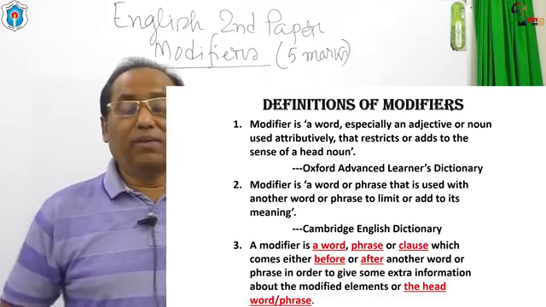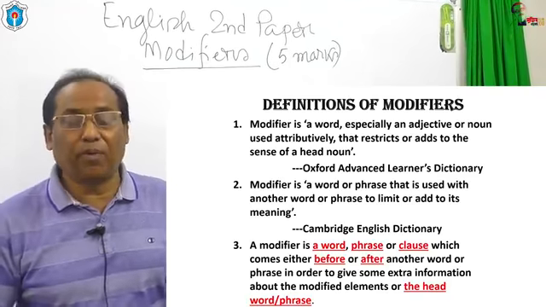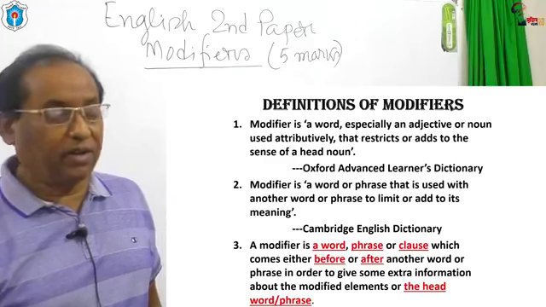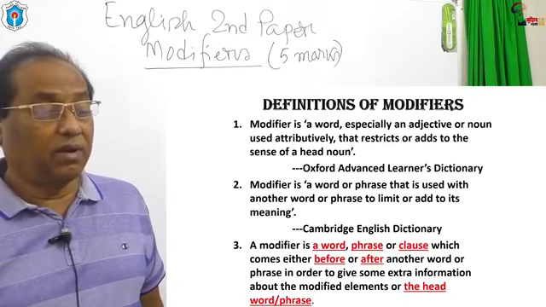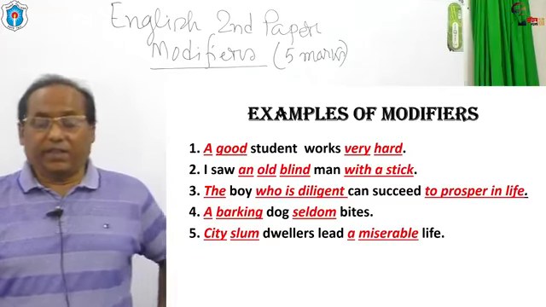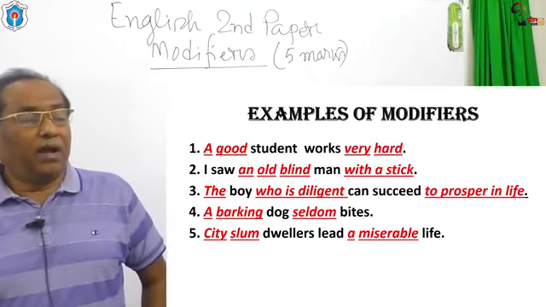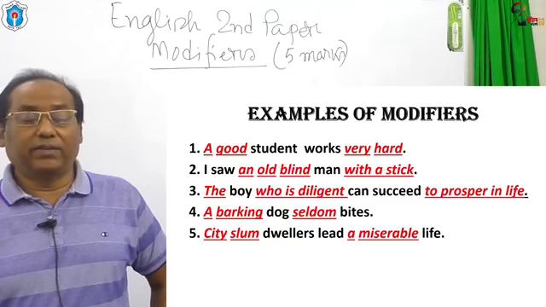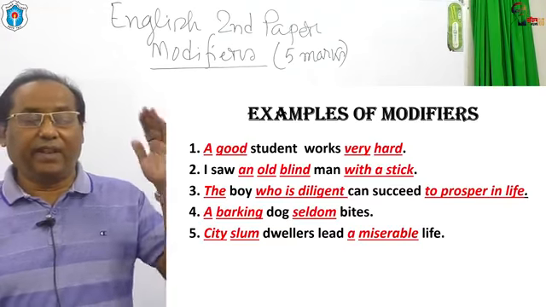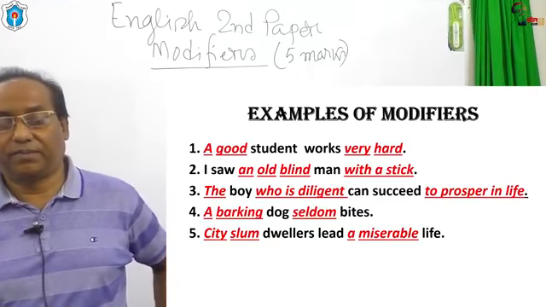And to know modifier, we want to give you some examples. And please see the information about example. You can see the first example. A good student works very hard. Red lettered words are modifiers.